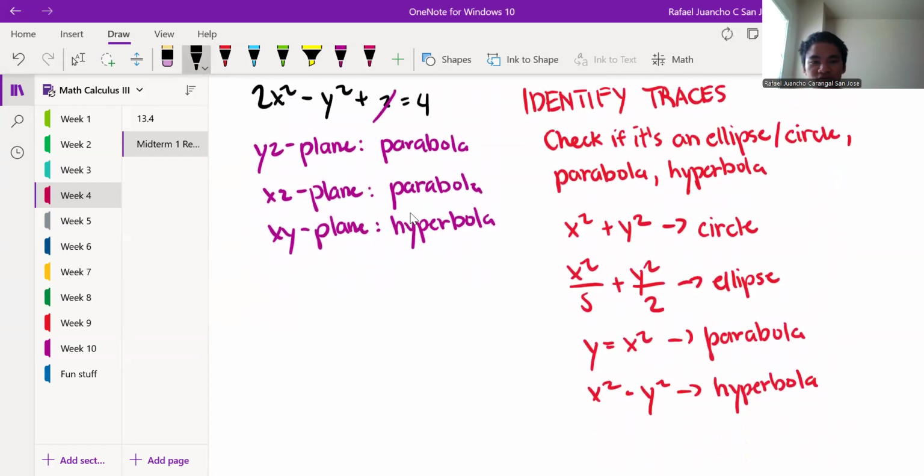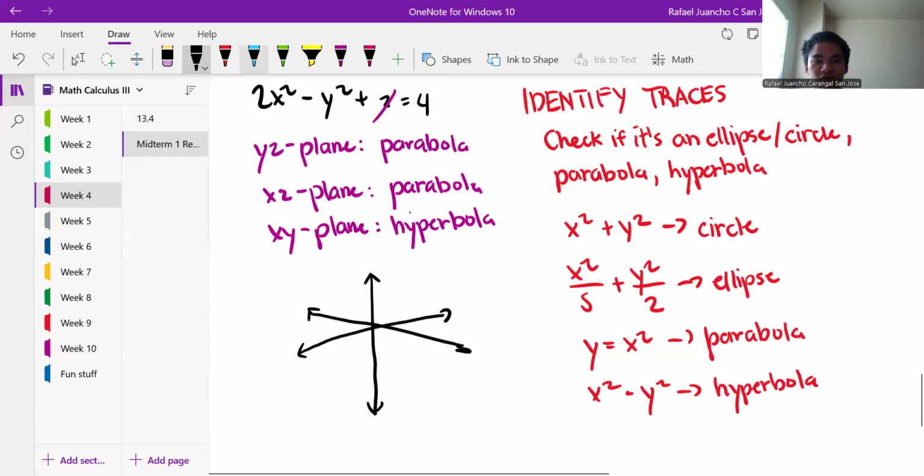Well, if we were to draw a 3D thing, it's not going to be super accurate. I'm not going to make it too accurate. But we have a parabola in the yz plane.